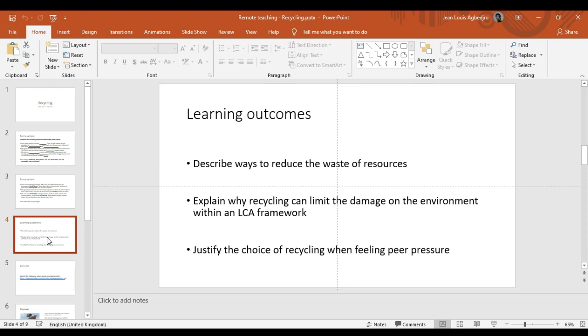LCA stands for Life Cycle Assessment, and you will look at it in the following minutes. And eventually, what I hope you will be able to do at the end of this lesson is justify the choice of recycling when feeling peer pressure.